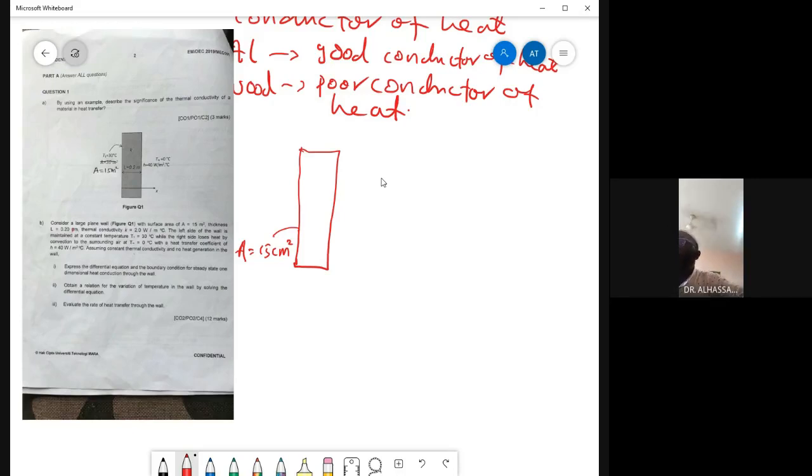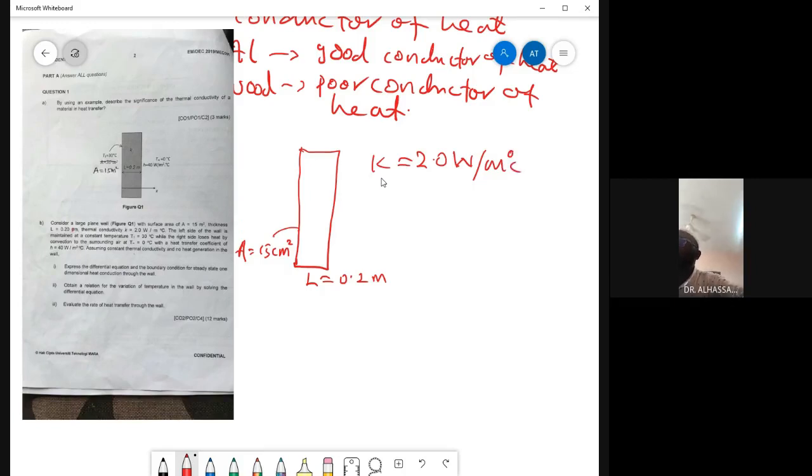And then thickness L equals 0.2 meters. That's the thickness. And the thermal conductivity of the material is given. The value for K equals 2.0 watt per meter per degree Celsius.